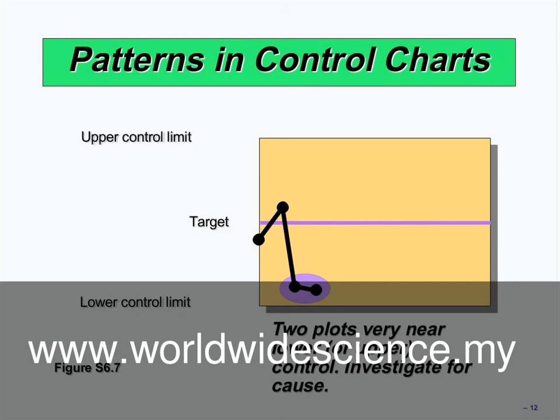It shows that the process is at risk, and it may, as soon as one of the points is located out of the allowed area or allowed limitation. So if two or some of the points are very near to the lower control limit or upper control limit, you can say that the process is not under control, or the process is out of control.